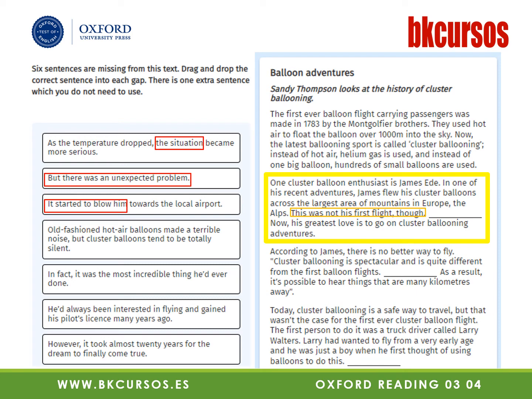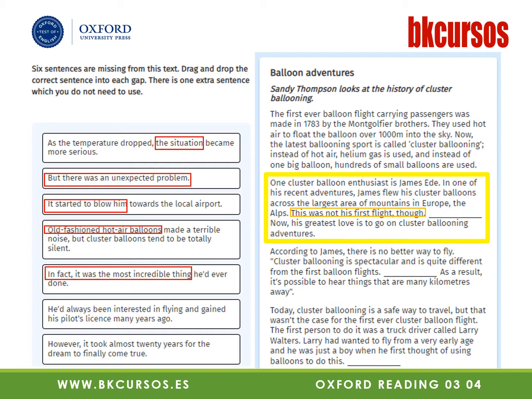It started to blow him towards the local airport. It, I guess, is talking about the wind, right? So here it doesn't make any sense either because there's nothing going on specifically. What about the fourth one? Old-fashioned hot air balloons. Well, here it is not talking about old-fashioned hot air balloons, right? It's talking about flying cluster balloons, so it doesn't make any sense either.